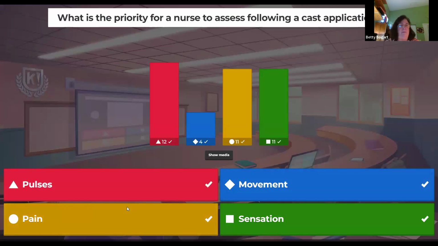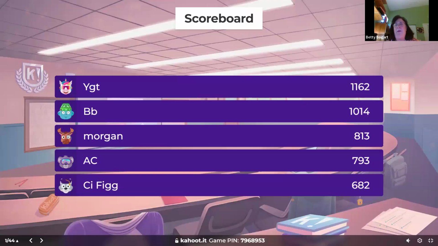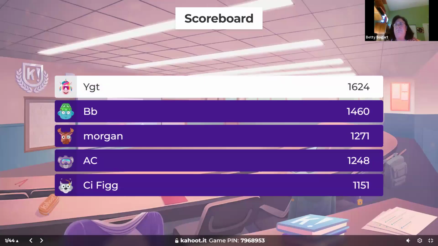This is part of the PPPPs, right? We want to make sure pulses, pain, paresthesia, paralysis, all of that stuff. Remember the Ps, there's 6 of them.